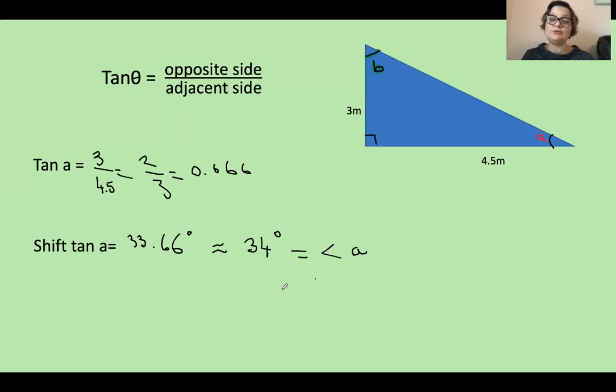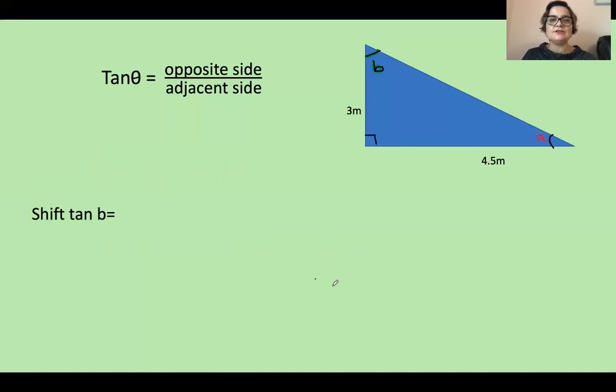And now we are going to do exactly the same thing with angle B. So tan B equals 4.5 over 3, because it's opposite over the adjacent. Of course, we can do that without needing a calculator. 4.5 over 3, the answer is 3 over 2 or 1.5.